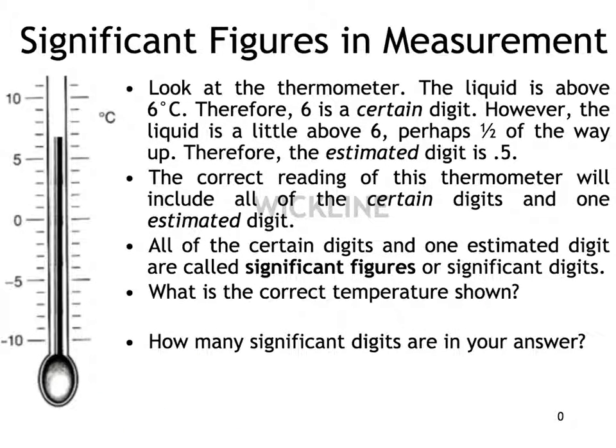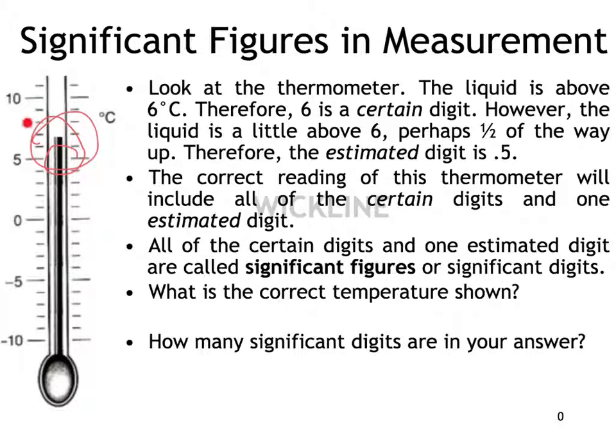On a practical level, when you're using uncertainty to make your own measurements, this is kind of how you would do it. And my example here is a thermometer. So it's pretty easy to see that the reading on this thermometer is above 5. And it also is definitely above 6 if you're looking at this carefully.